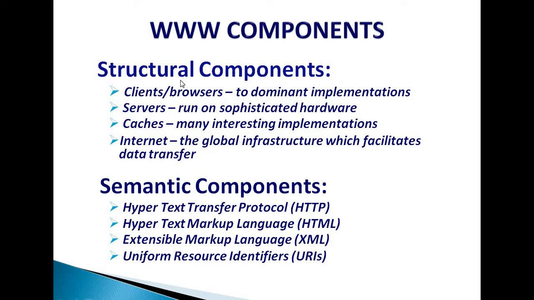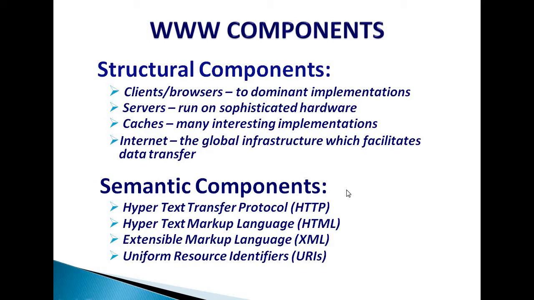So let's come to the next point, WWW components. WWW components are further classified into two parts, structural components and semantic components. The structural component consists of the client browser, which dominates implementation, servers which run on hardware, caches which may be used in many interesting implementations, and the internet, the global infrastructure which facilitates data transfers.